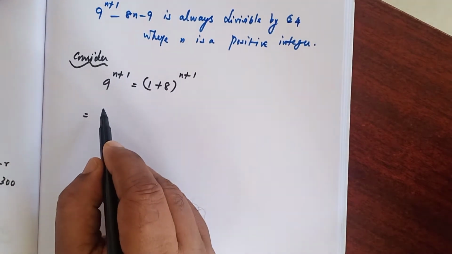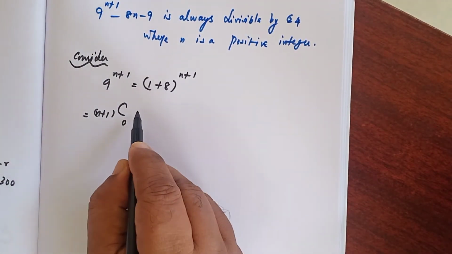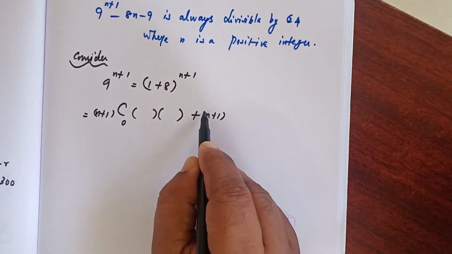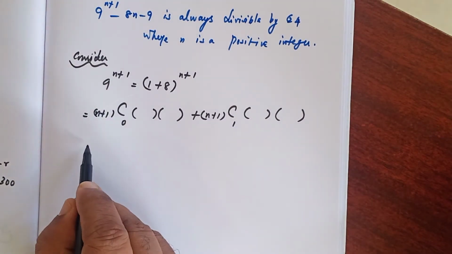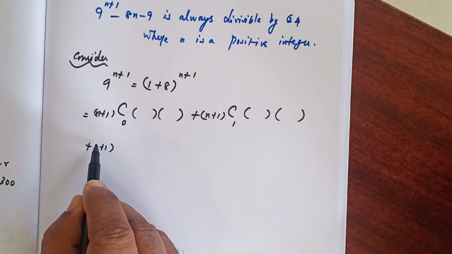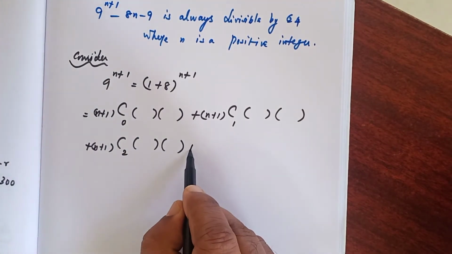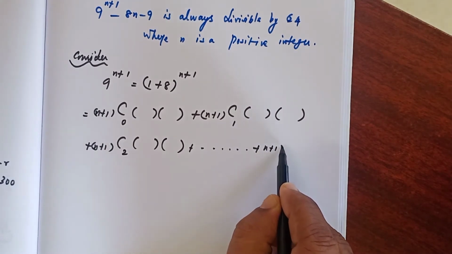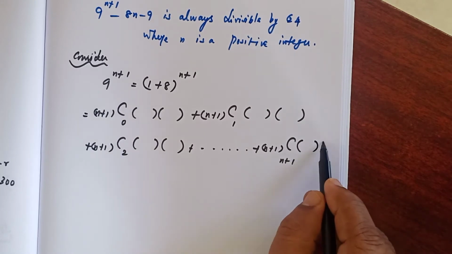Listen carefully. Here n plus 1 c0, n plus 1 c1, n plus 1 c2, it is going on up to n plus 1 c n plus 1.